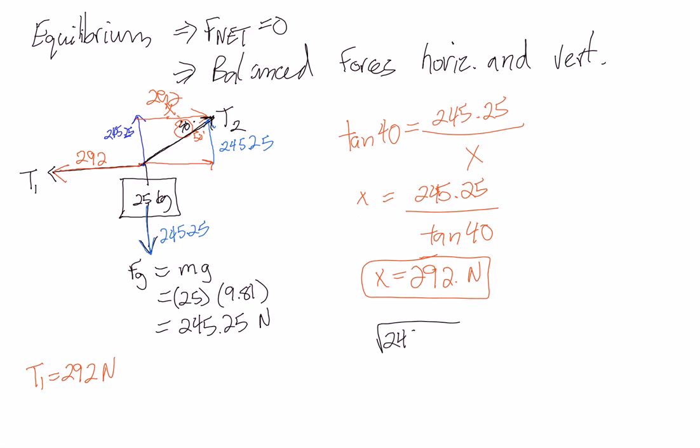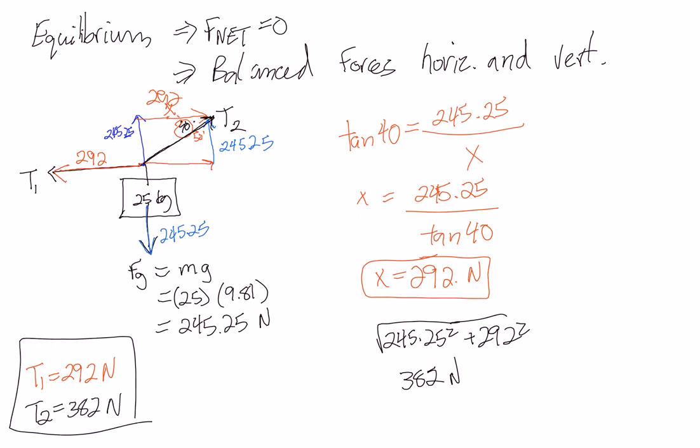So we'd have 245.25 squared plus the 292 squared, and then square root the answer, and we get an answer of 381.5. So we'll round that off to 382. Okay, so tension 2 equals 382, and we're done the question.